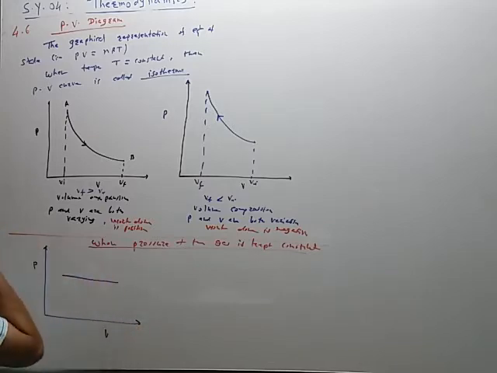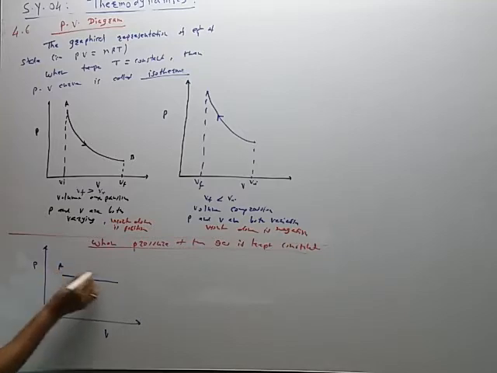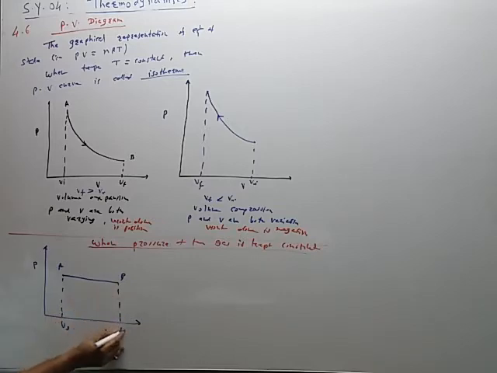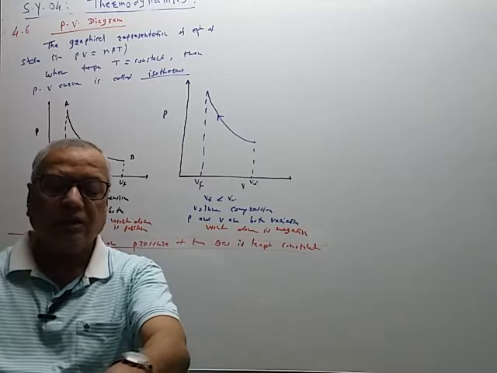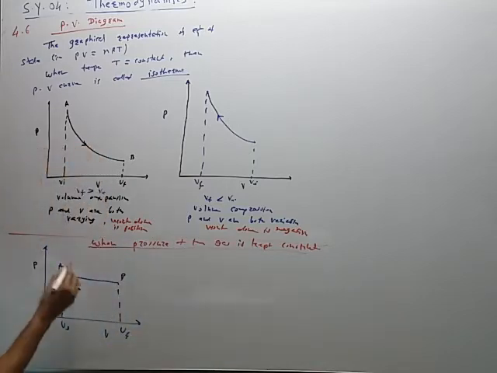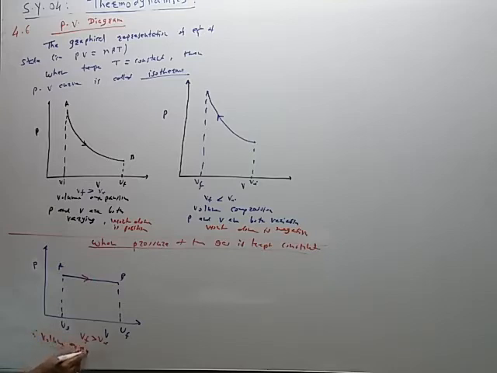So pressure is kept constant, so it is a line parallel to the volume axis. This is the initial state A, this is the final state B, this is initial volume Vi, this is the final volume Vf. Now if the change is taking place from A to B, in this case the final volume Vf is greater than Vi, therefore it is the case of volume expansion.